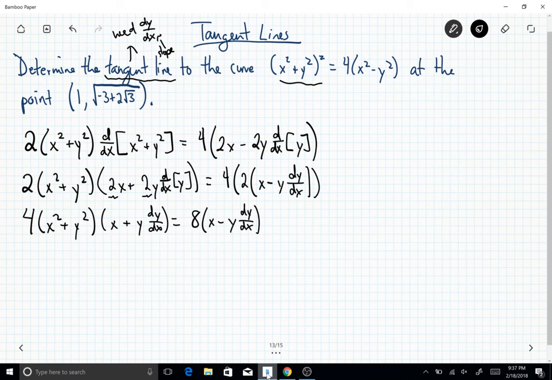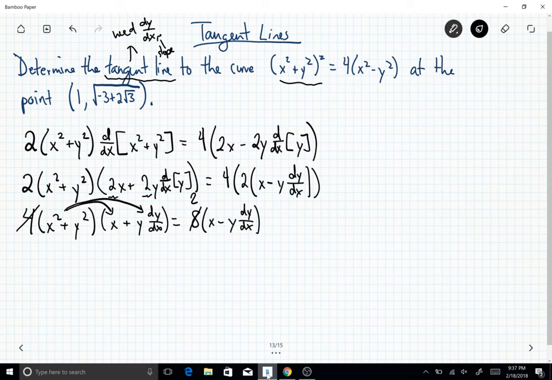Okay, so you can divide the 4 on both sides, and so when you divide both sides by 4, this becomes just 2, making our lives a little bit easier. Then distribute this x squared plus y squared to both terms, because what we were solving for is dy/dx, so we want to get it all on one side.